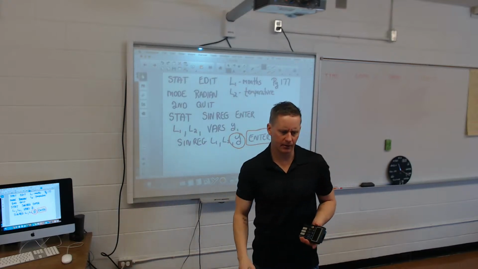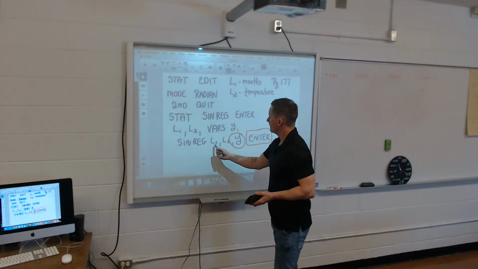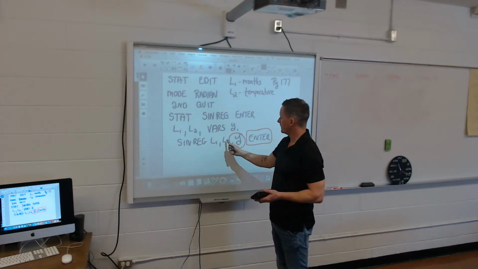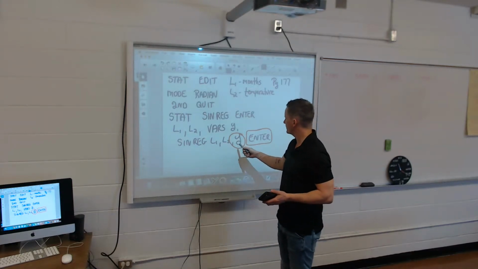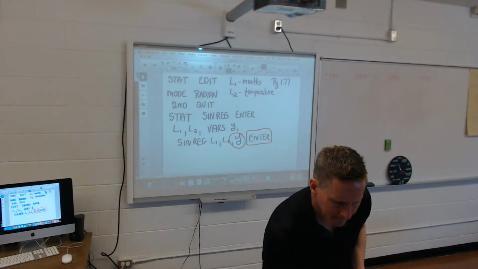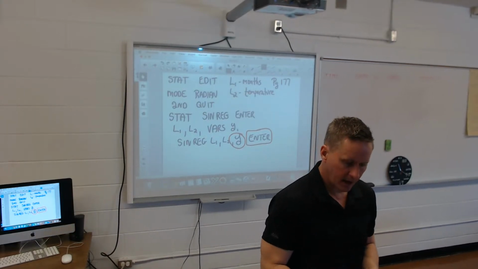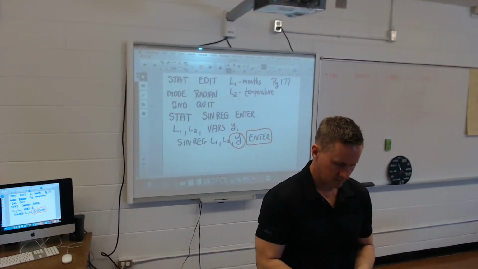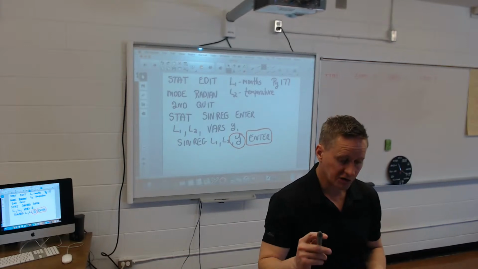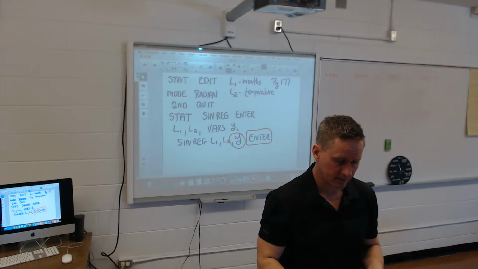That's also a possibility, Rory. So you have to go sine regression, second function 1, second function 2, then you got to go to vars, function y equals, and then hit enter. Okay, so if it came up in the y equals, now hit zoom stat. Oh, also, Rory, make sure that y2 doesn't have 0.5 on it.